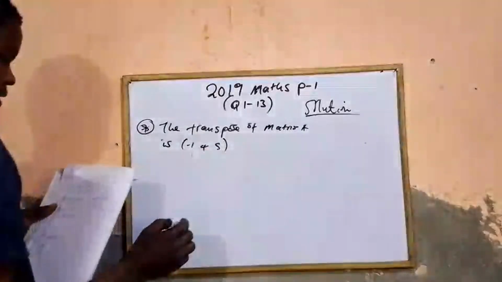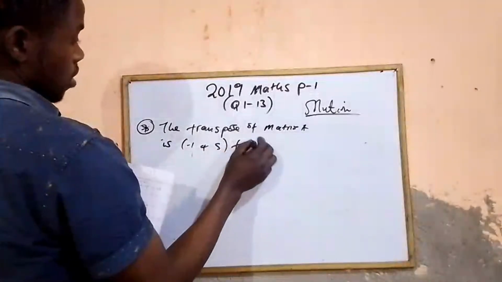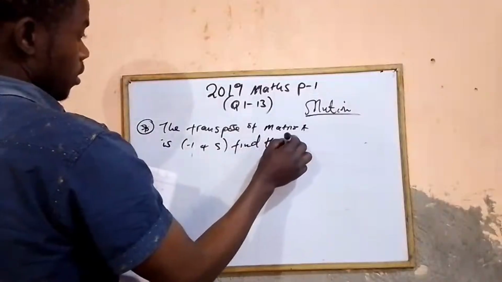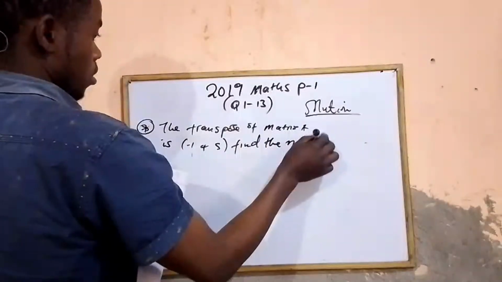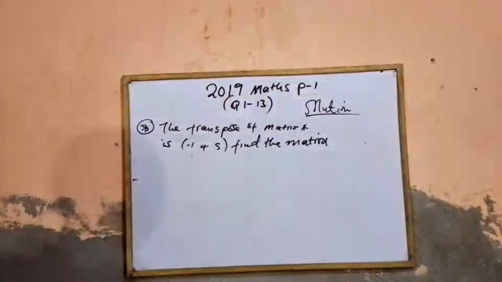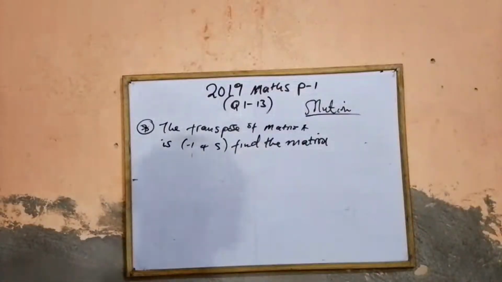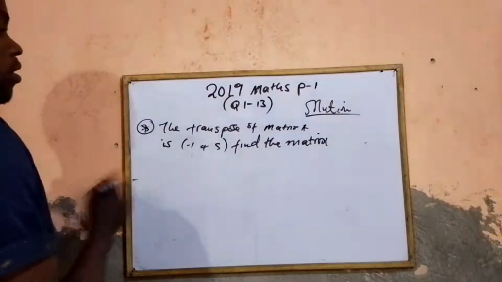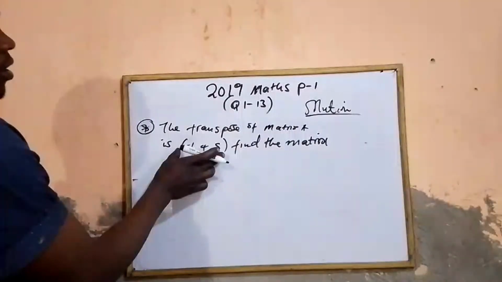We have to find the matrix, which means we have to find the matrix before the transpose.